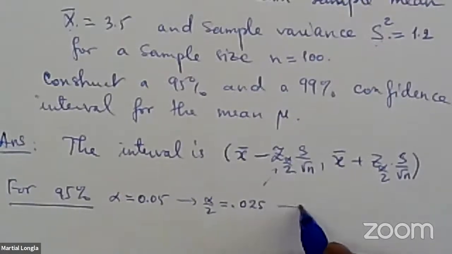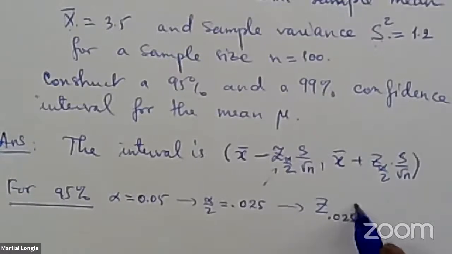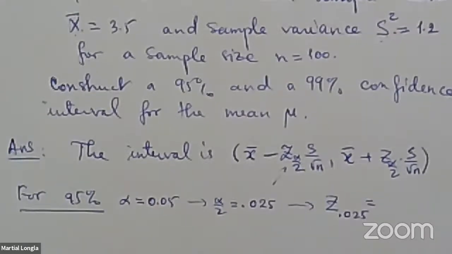So you want to find z.025 in your Z table. You need to go to the Z table and find the number that corresponds to 0.025. Can anybody do that here? You have the Z table? 1.96.